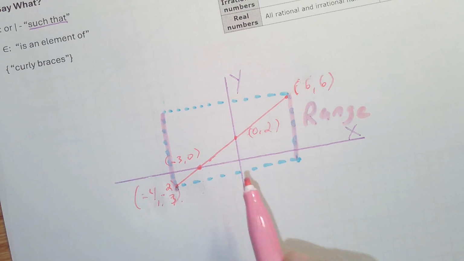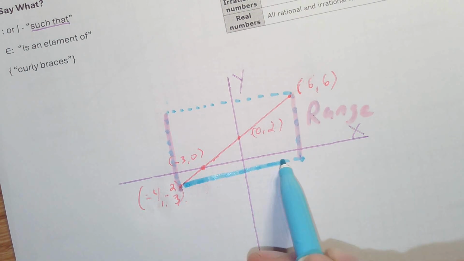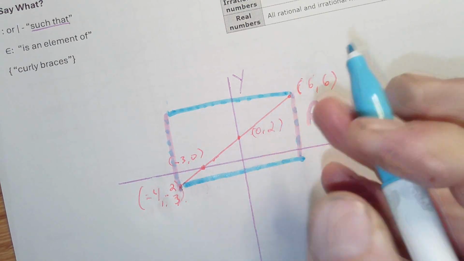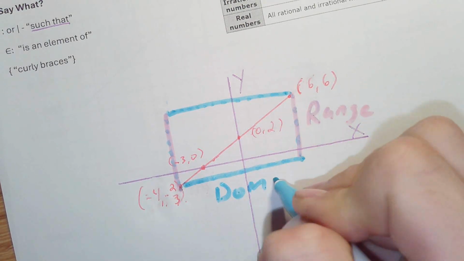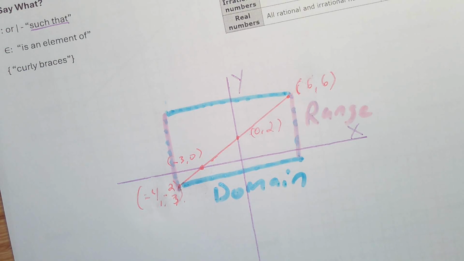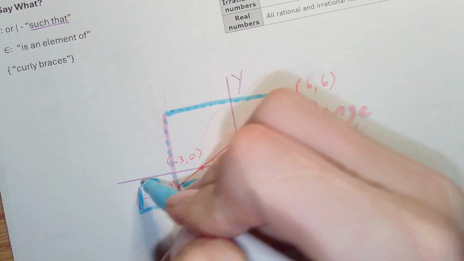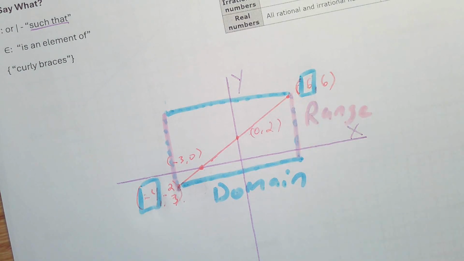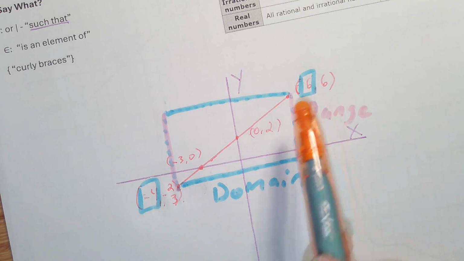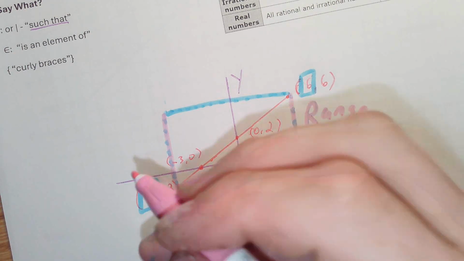And then this blue part here is the domain, the respective x's, the inputs for the respective outputs of y.